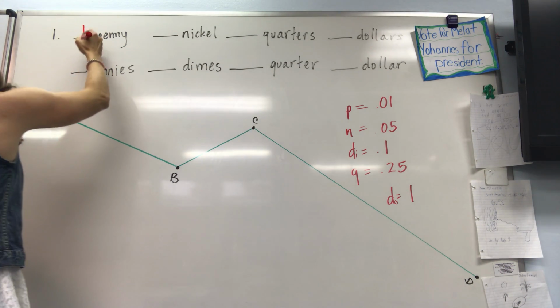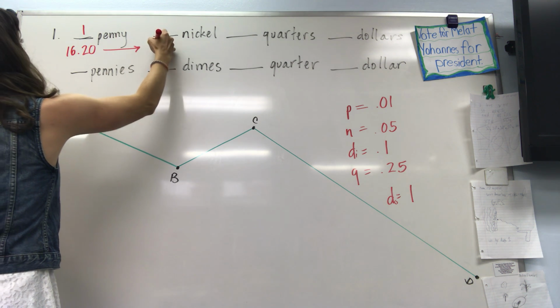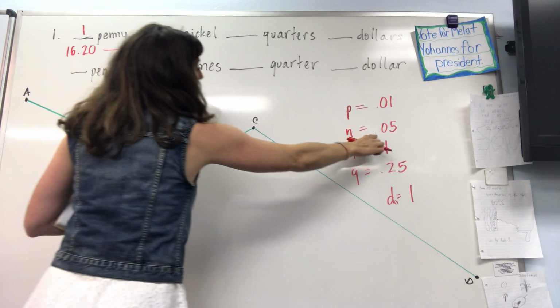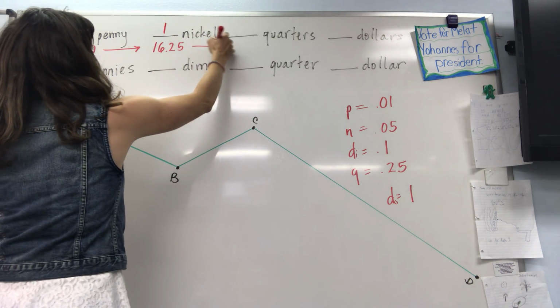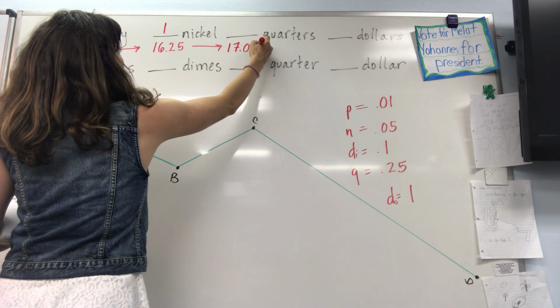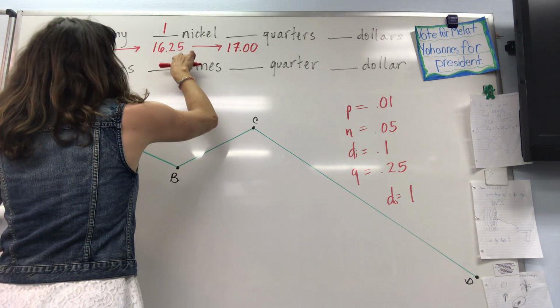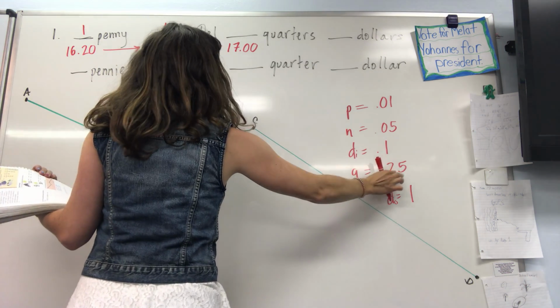Then from 16.20 we go to 16.25, which means we've added 0.05, 1 nickel, and then we go to 17. How do you get from 0.25 to 1.00? We use some of these.